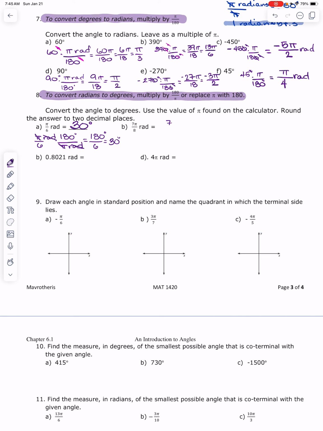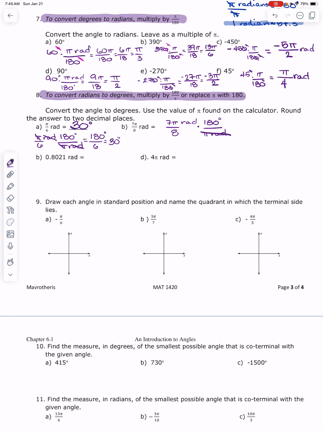Let's use that second method here. I've got 7 pi radians over 8. I want to multiply again by 180 degrees over that pi radians.